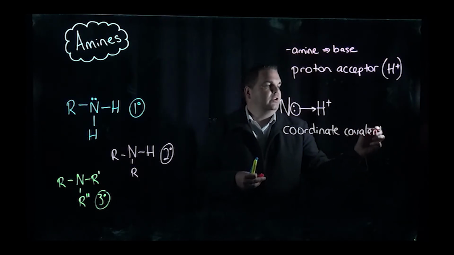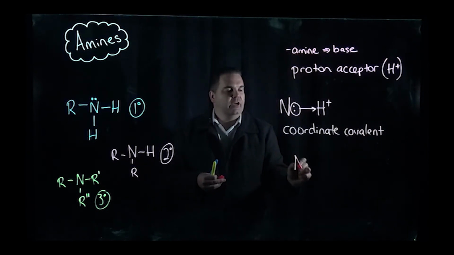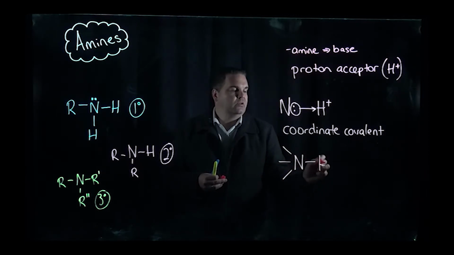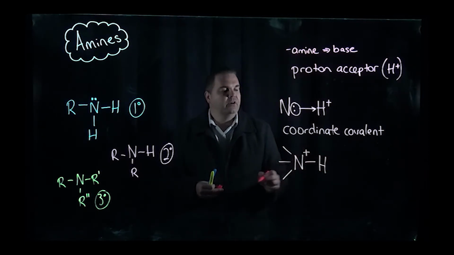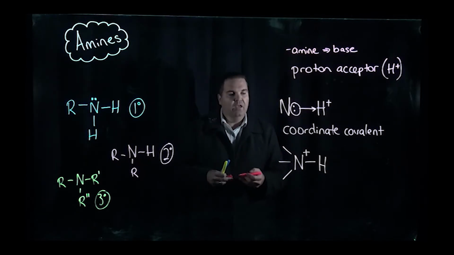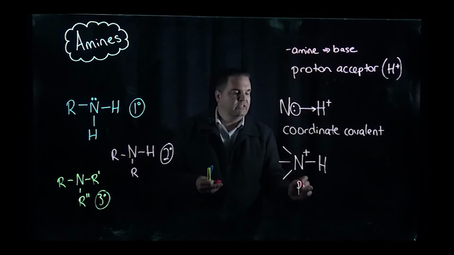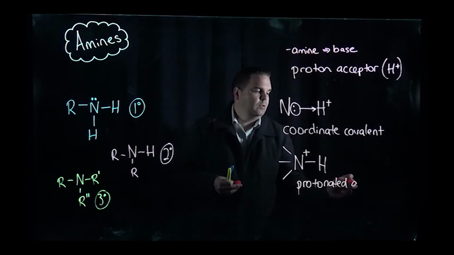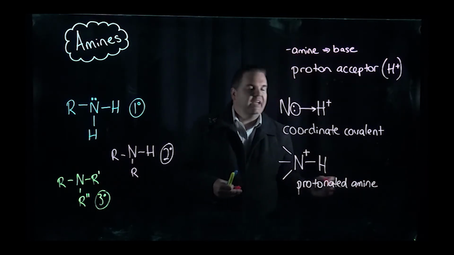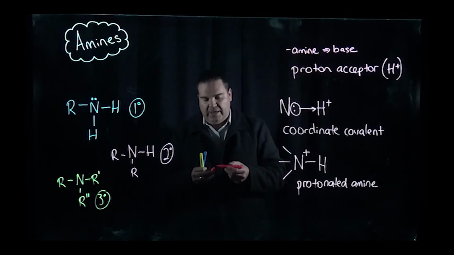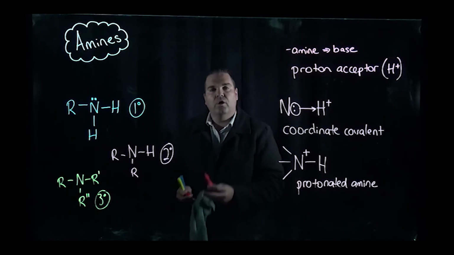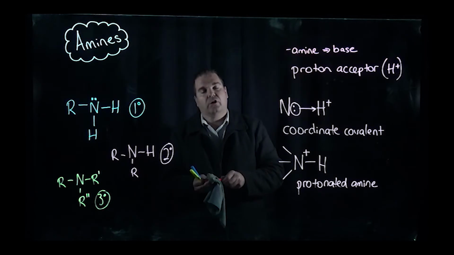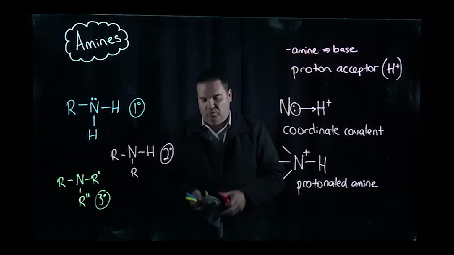Now, that coordinate covalent bond means that the nitrogen, which has the 3 bonds on it normally, now has a bond to a hydrogen, and we now get a positive charge on the amine. This is what we call a protonated amine. Now, protonated amines are really useful in organic chemistry because what they can do is form really strong ion dipole interactions with water.